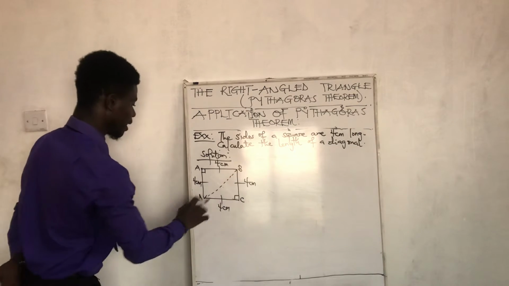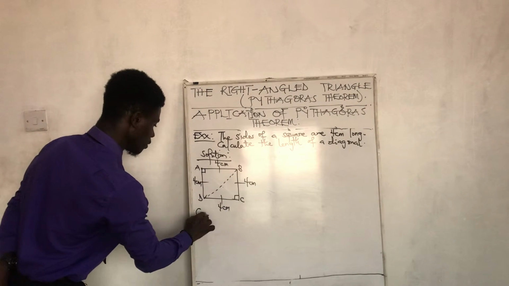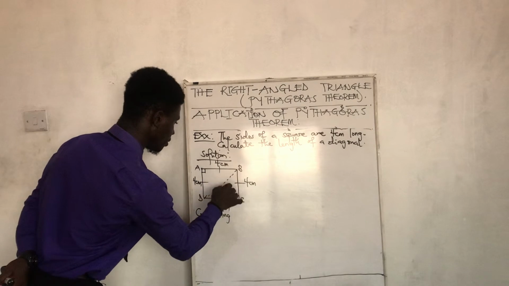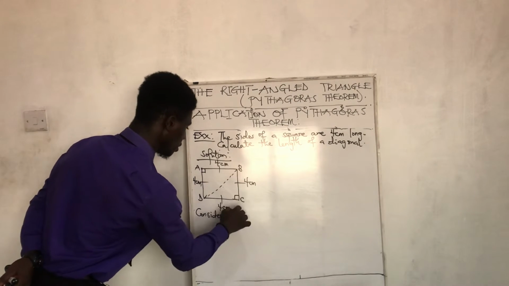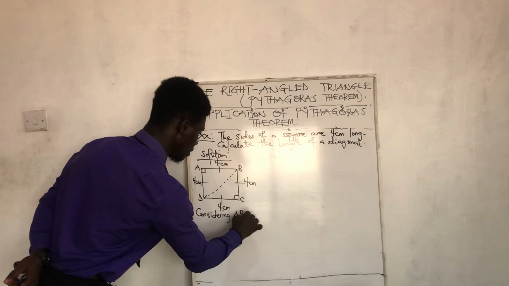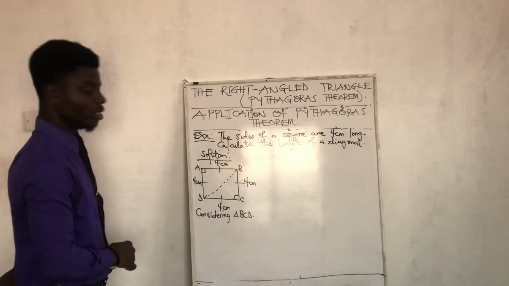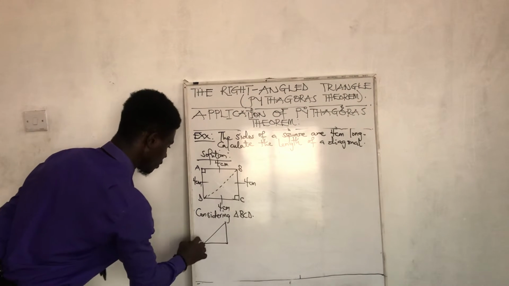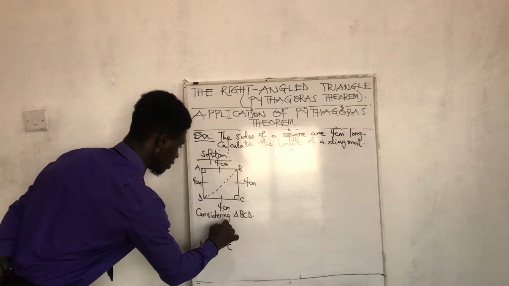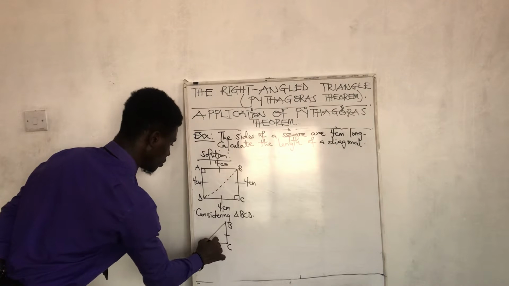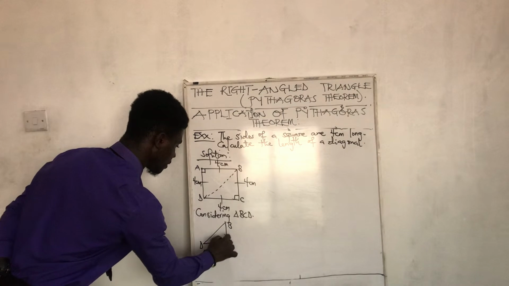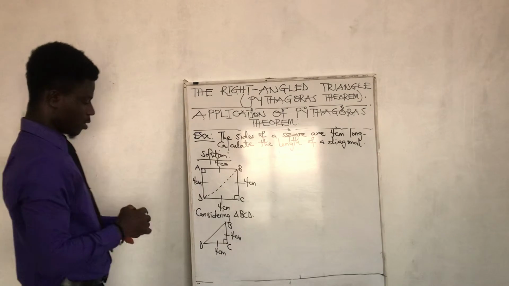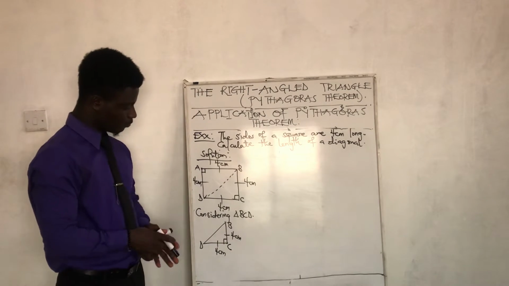So now I can consider triangle BCD. I can sketch that, which is D here, C, then B. Then I have my 4 centimeters, 4 centimeters, which is 90 degrees.